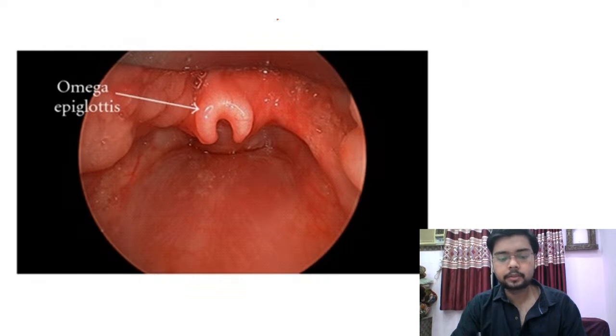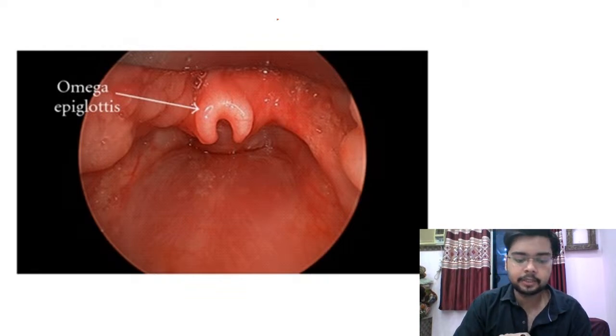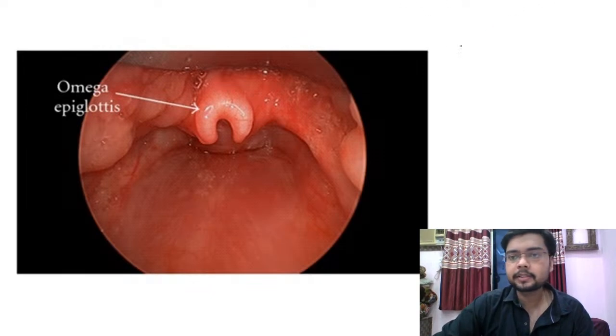Okay. Meanwhile you can tell me in the comment section what condition you can see and what diagnosis you can get from this image. Yes, I can see the comments. So it is an omega-shaped glottis, which is already written here, and the diagnosis is laryngomalacia, right?